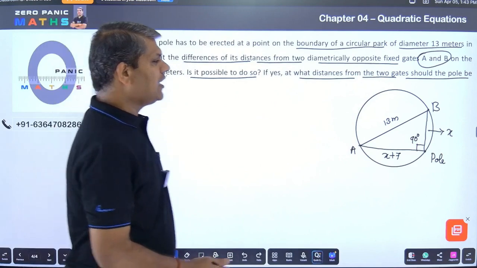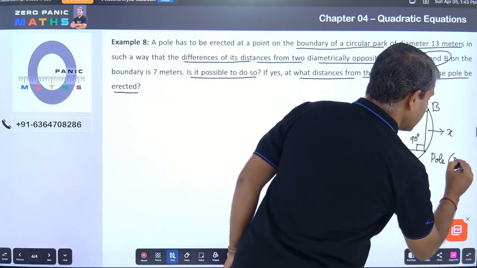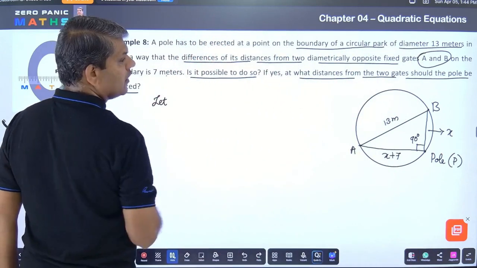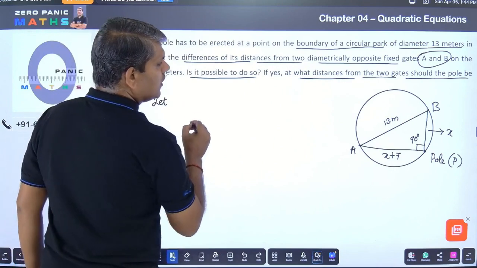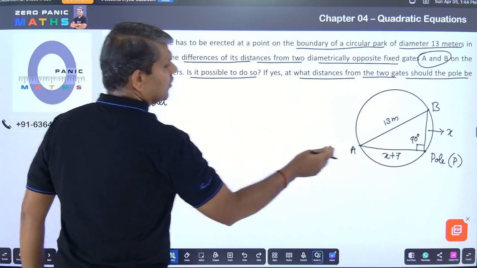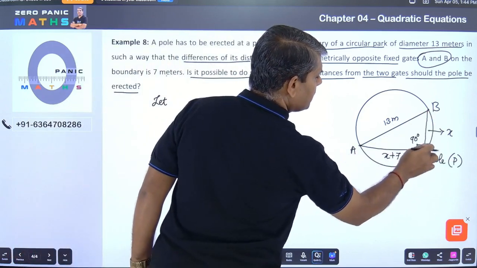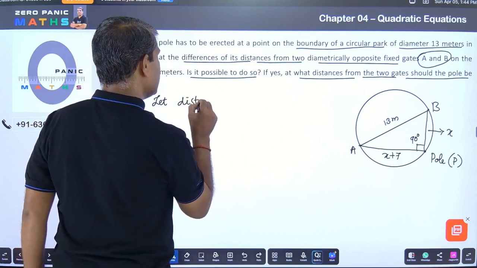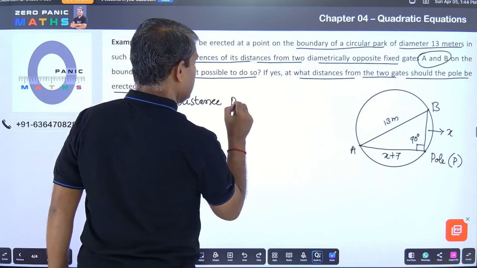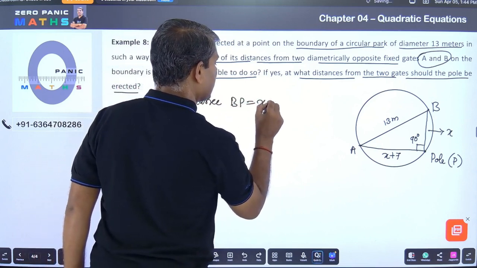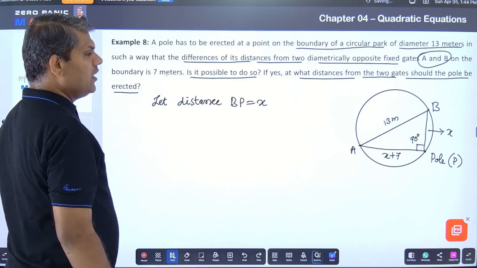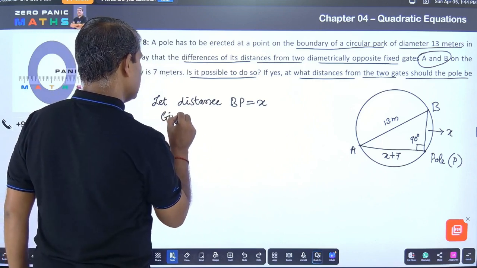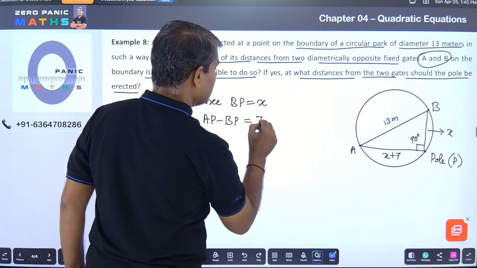Okay, and let us call this point P. Let me write, let BP be the distance x. Considering the point P, BP is equal to x. What they have given is 7.